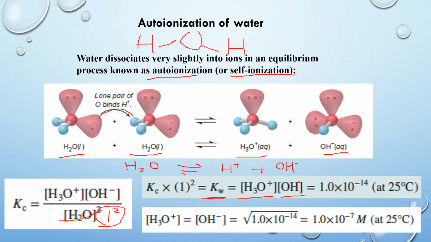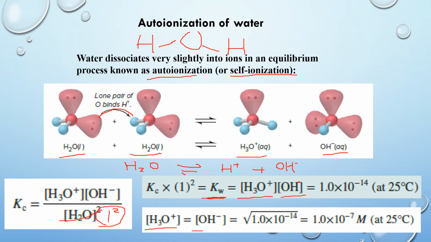So a cup of water not only contains water molecules, which are the majority molecule inside, it also contains this proton and the hydroxide. Because the proton and hydroxide are generated from the dissociation of water, and their coefficients are both equal to 1, their concentrations are actually equal.